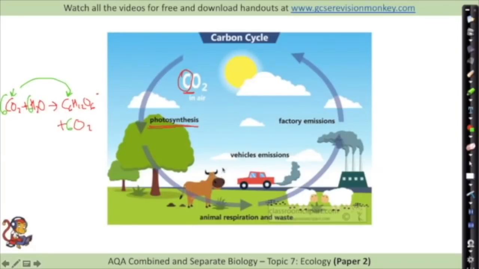Animals will then eat the plants, and therefore they will consume the carbon from this glucose molecule, and that will be taken in by the animal.